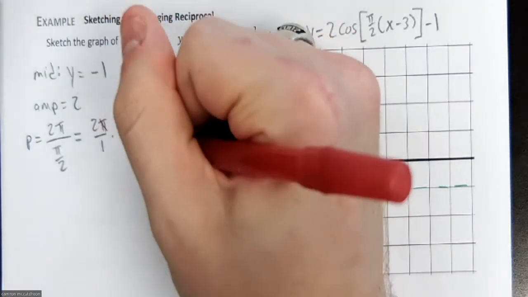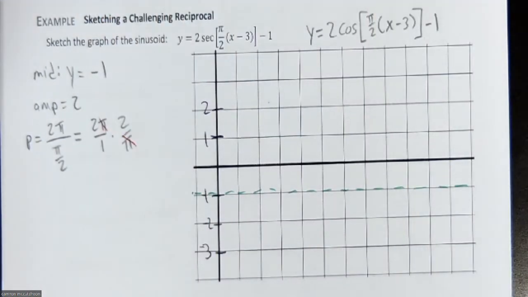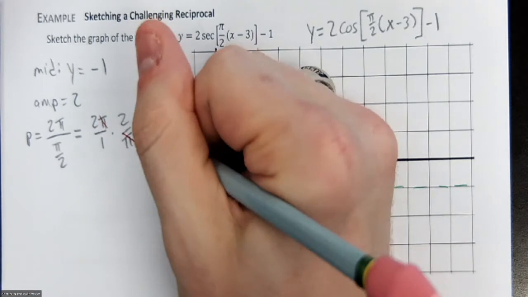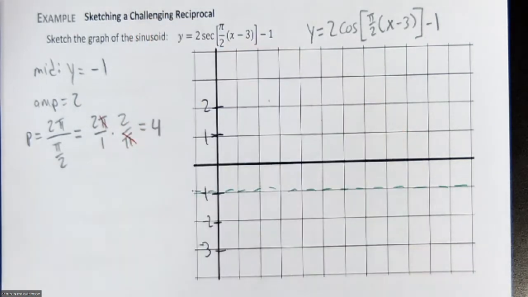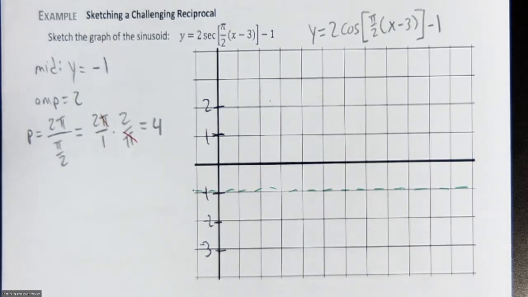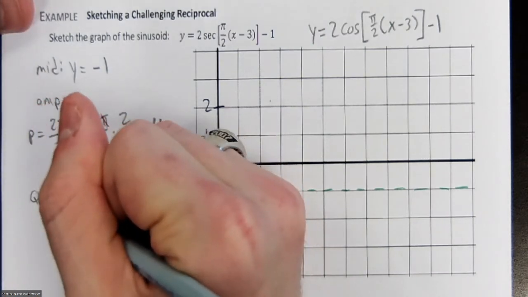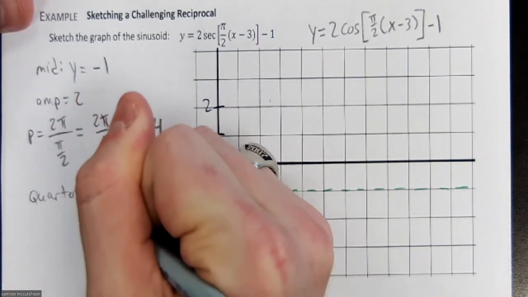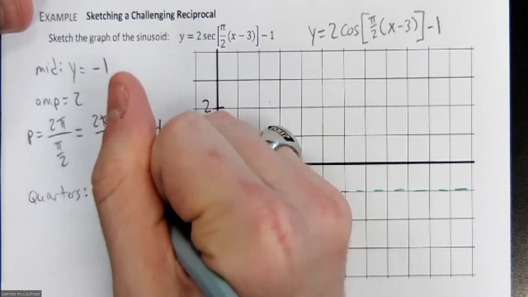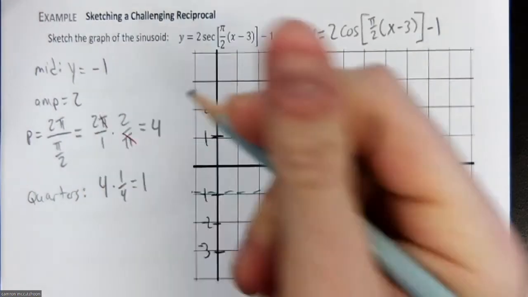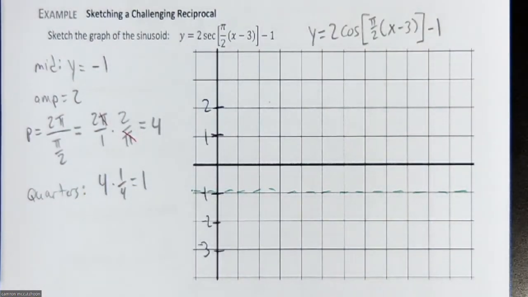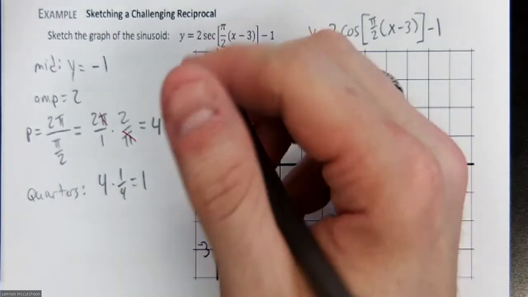These pi's simply cancel, giving me a period of 4. So my quarter marks is just going to be the period divided by 4. My quarters are going to happen every 1/4 of 4, which is just 1. So, yeah, my x-axis can just go by ones.